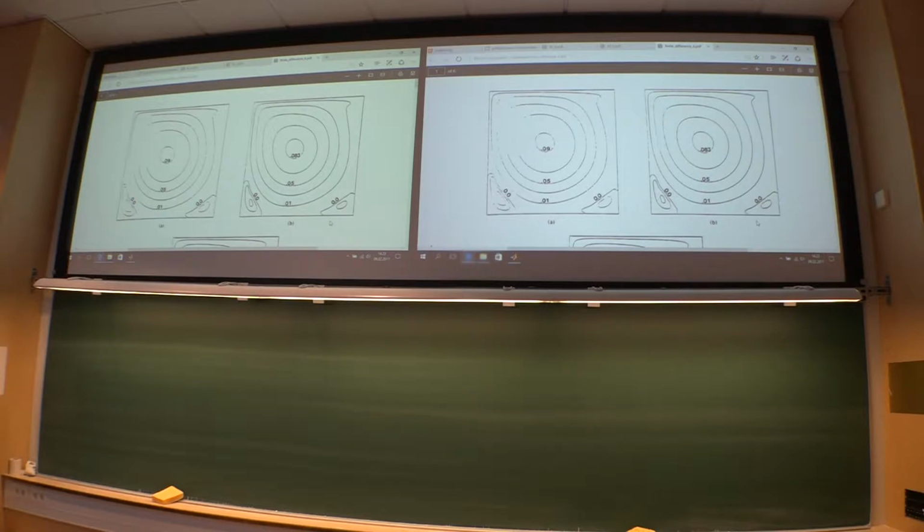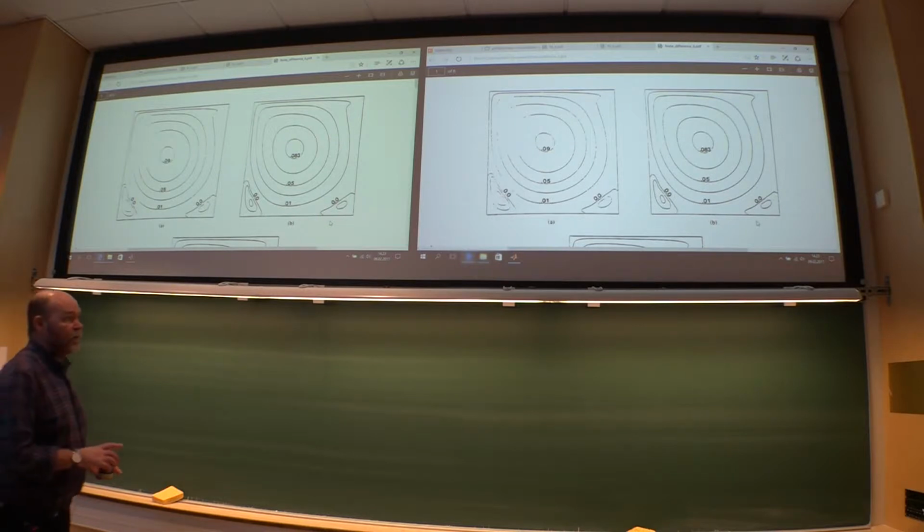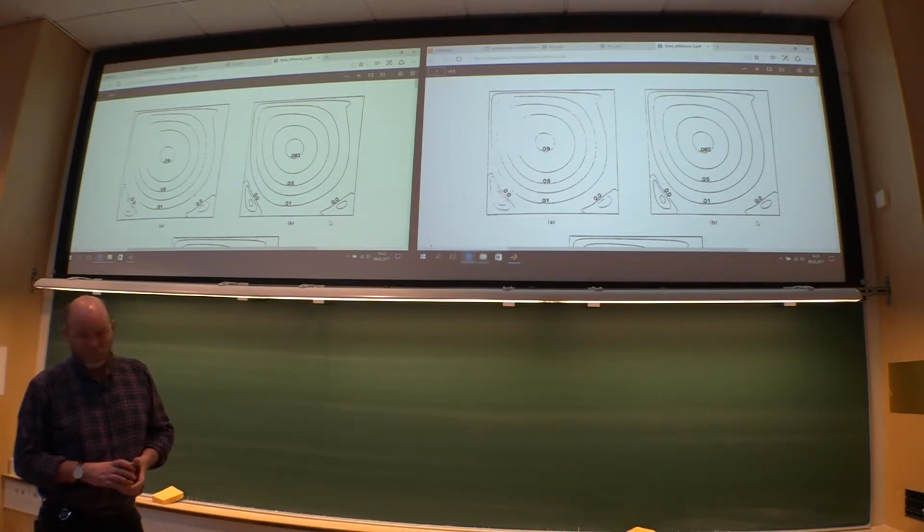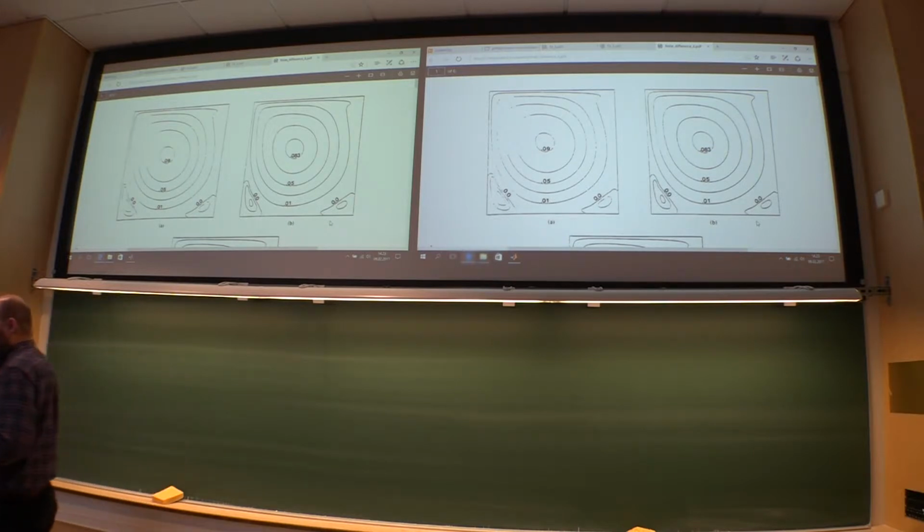The solution looks quite the same, but look at the value for the stream function. So clearly it's going much slower. The velocities are smaller, although the picture roughly looks similar. That's true, but not the value for the stream function. It has dropped quite a lot in percentage from what it should be.